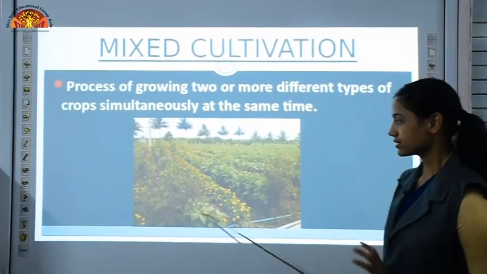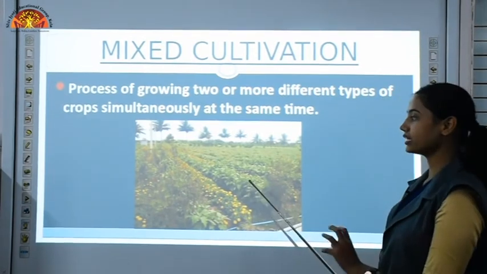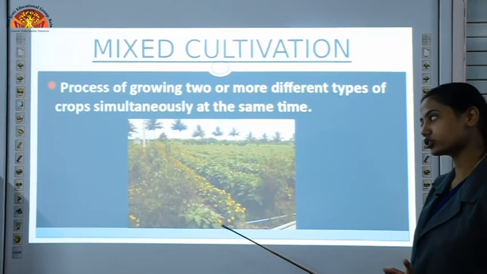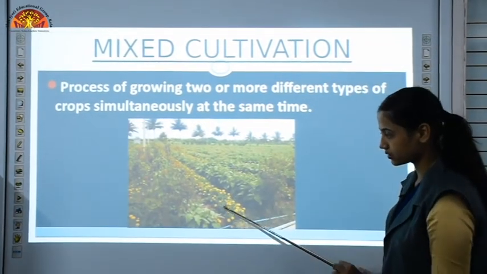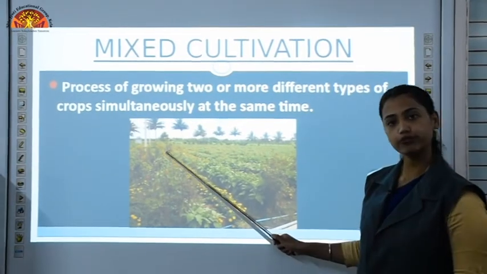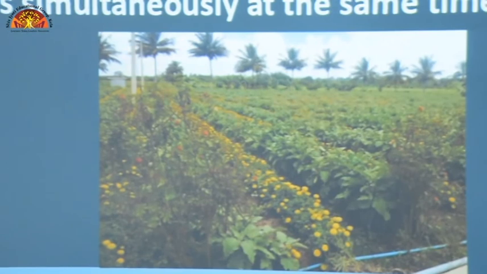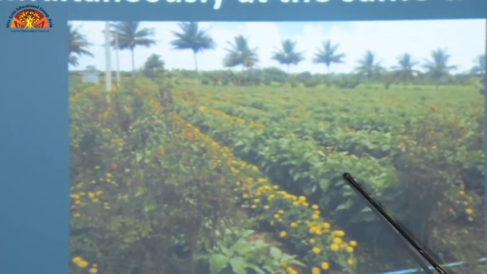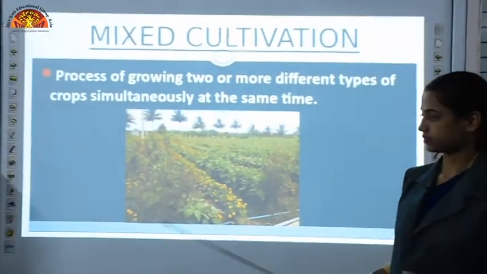Now you can see this is the same land, one agricultural field, and on the same land we are growing two different crops. You can differentiate between those crops. This crop is of some different type, and this one with the yellow flowers is of some different kind. So this is mixed cultivation, because the nutrients required by one crop get fulfilled by the other crop.